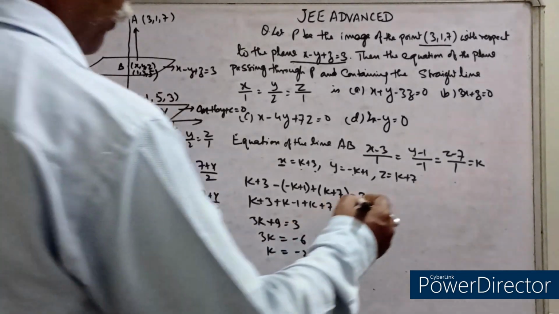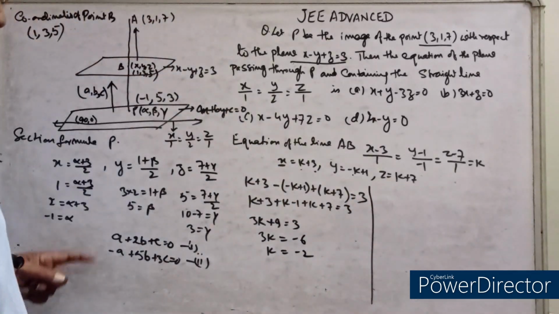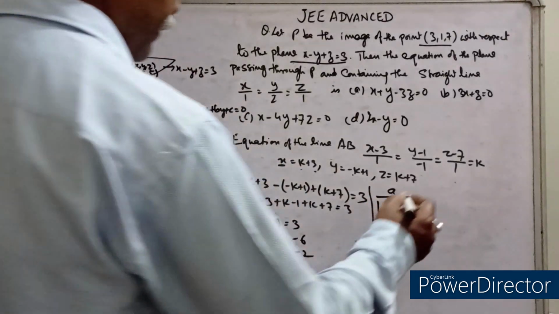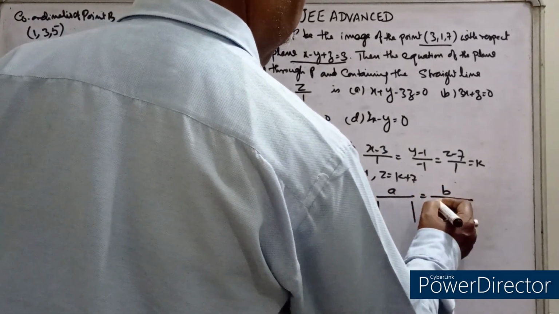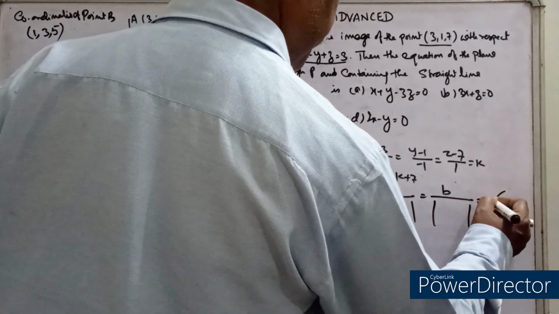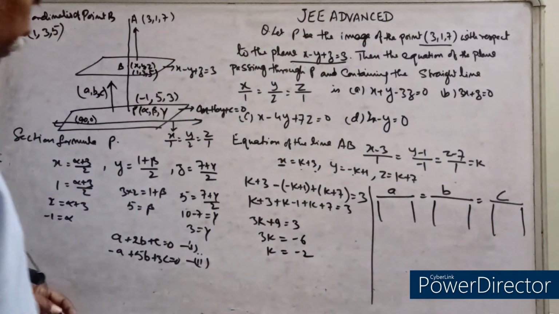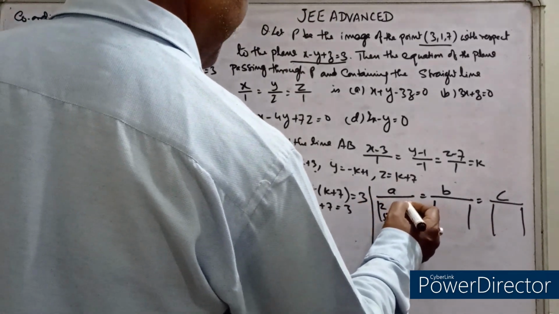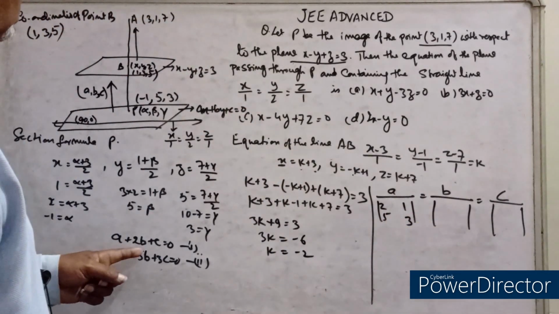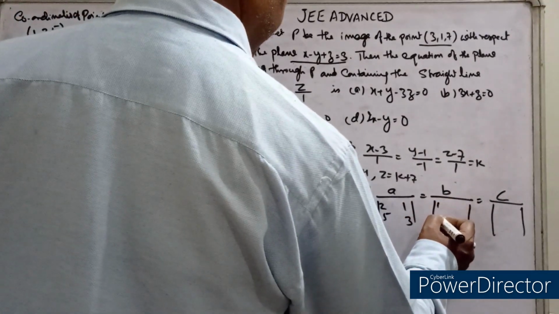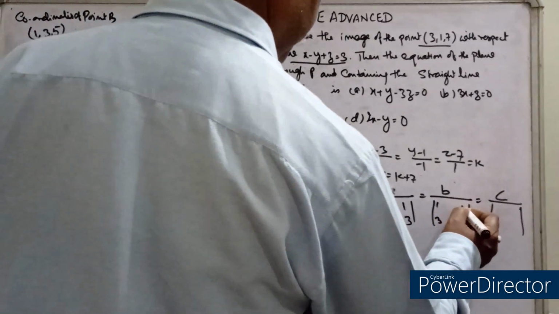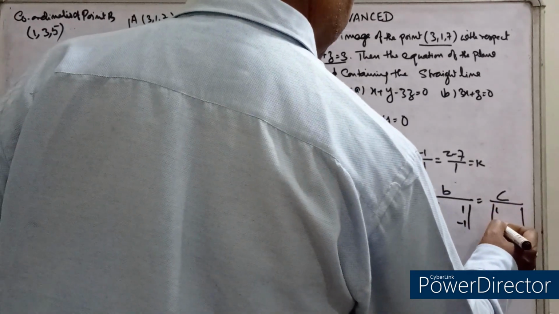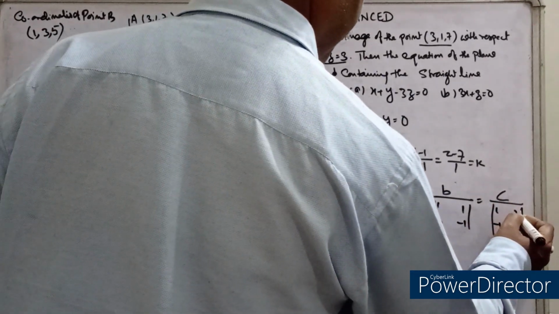So we take the help of cross multiplication. So here a by, equal to b by, equal to c by. So here for a, that is 2, 5 and 1, 3. For b it will be 1, 3, 1, minus 1, and for c it will be 1, minus 1 and 2, 5.